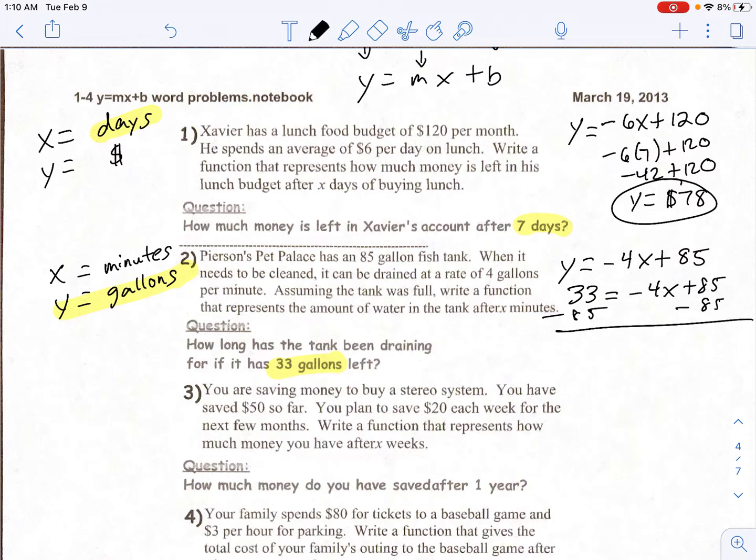Subtract 85, and we get negative 52 equals negative 4x. Divide by negative 4, negative over negative is a positive. How long has it been draining? X equals 13 minutes, because our x label is in minutes.